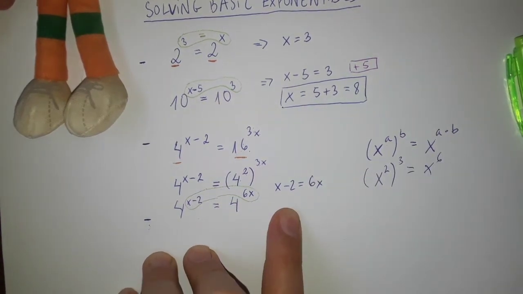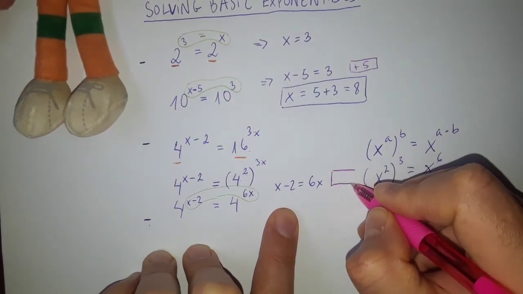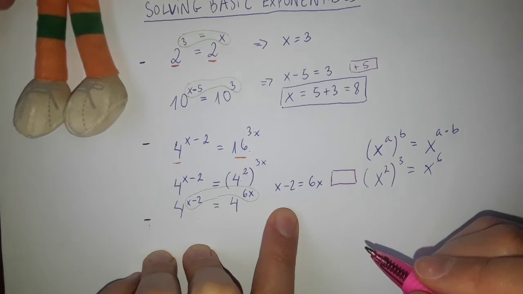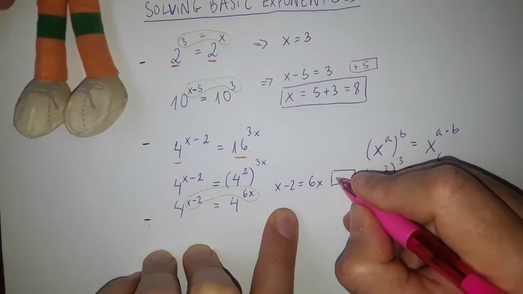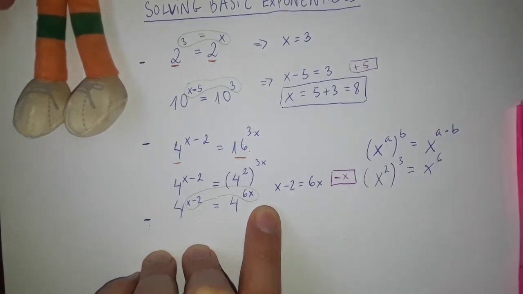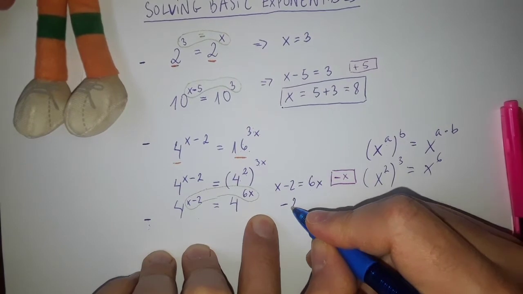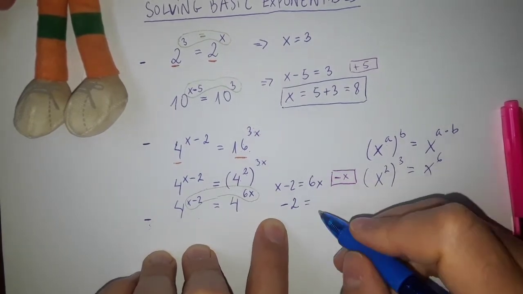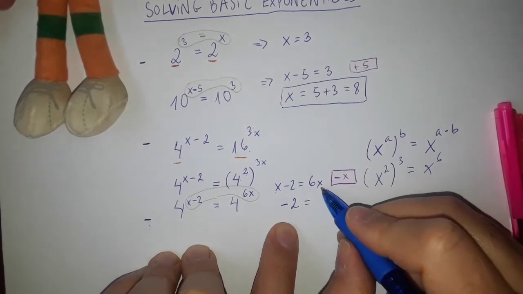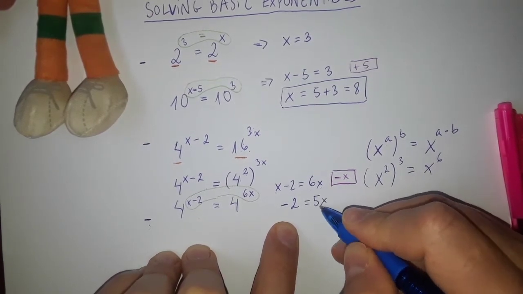The way we solve this is I'm going to subtract x on both sides. So it's like moving this x to the side. So we're going to have negative 2. We keep this negative here because it's part of the 2. And when we subtract the x on this side, it's going to be 5x, right?